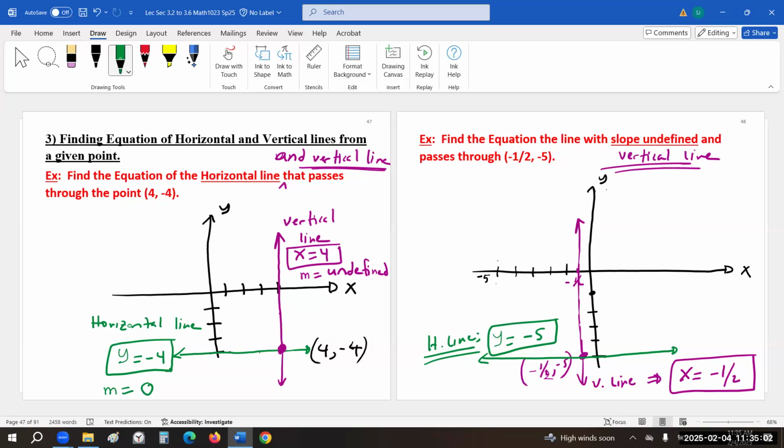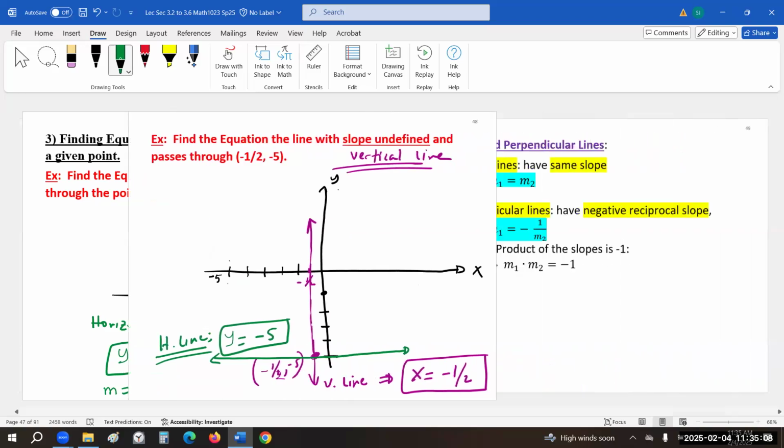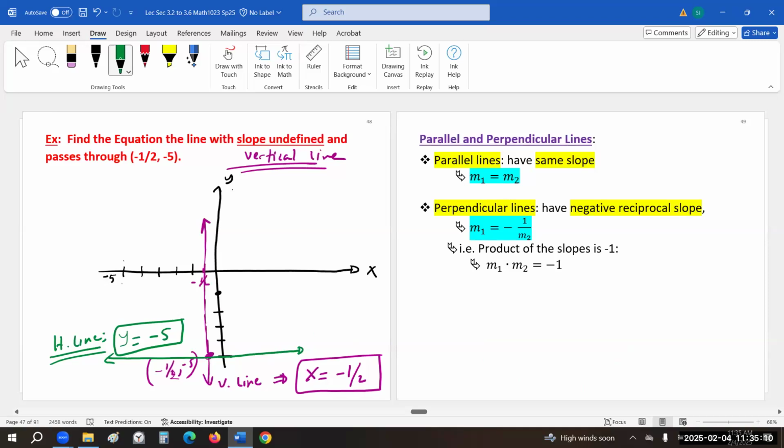Since it's very easy, probably in the final exam you're not going to see it. But definitely what you're going to see is the next concept. Parallel and perpendicular lines. So two lines are parallel if they have the same slope. What type of line we have? If one line is increasing, its parallel line must also be an increasing line.